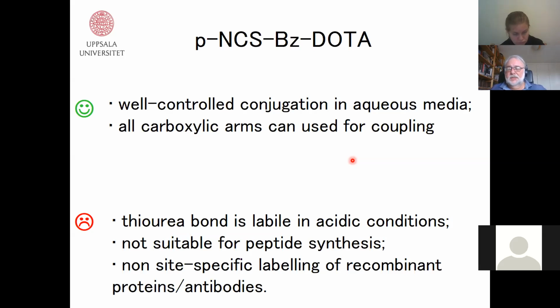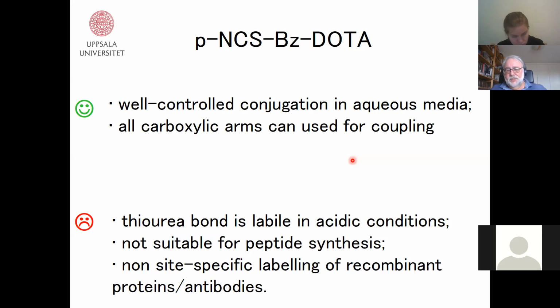In my experience, you have coupling efficiency in alkaline solution of about 90%. You take a 10% excess of isothiocyanate and you have, on average, 1 chelator per 1 protein group. And that was measured by mass spectroscopy.